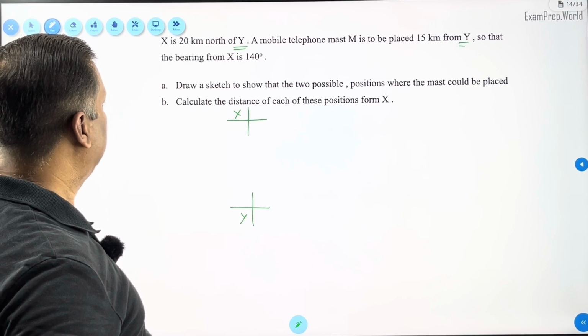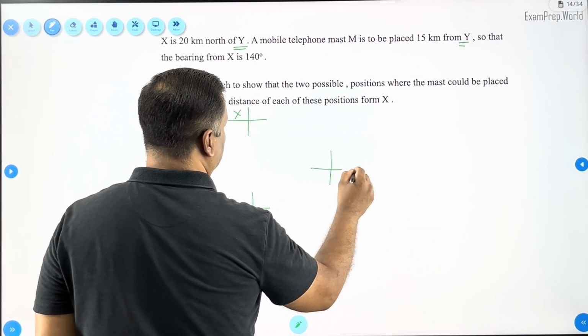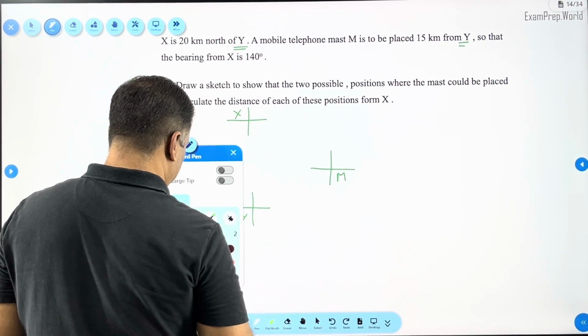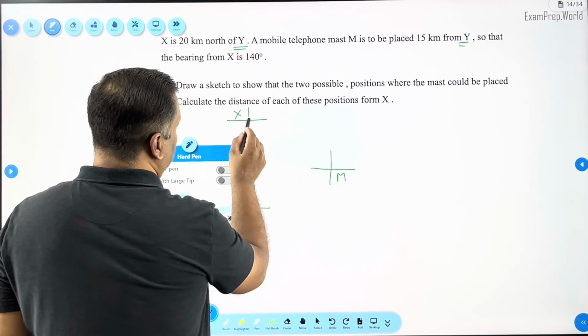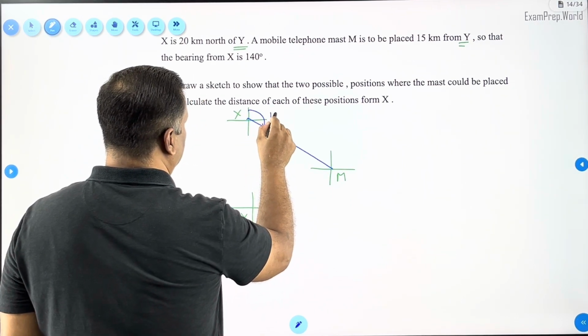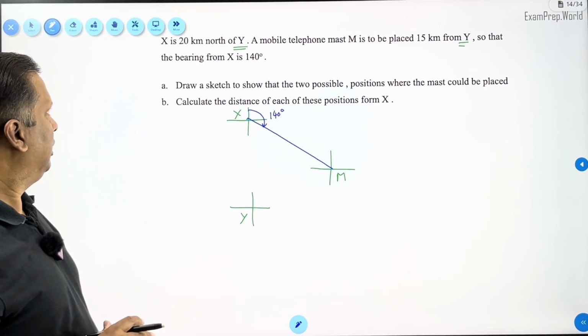M is placed at a bearing from X of 140. This is your mast, and the bearing from here to here is how much? 140 degrees, up to here, am I right?